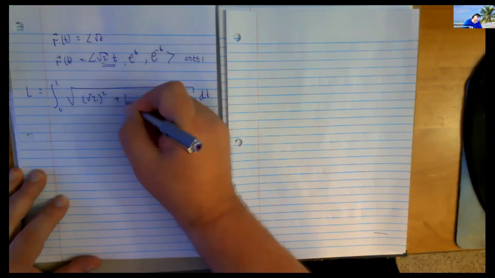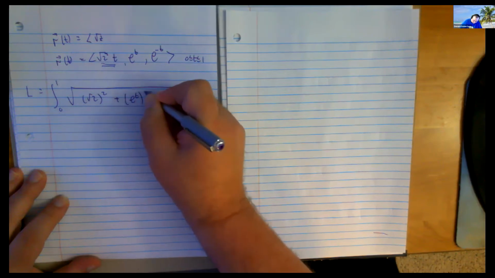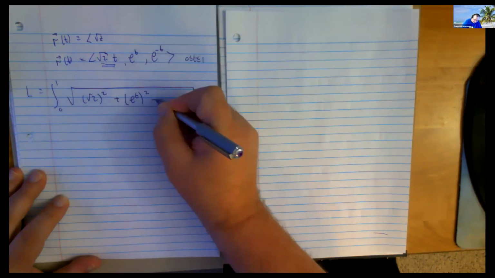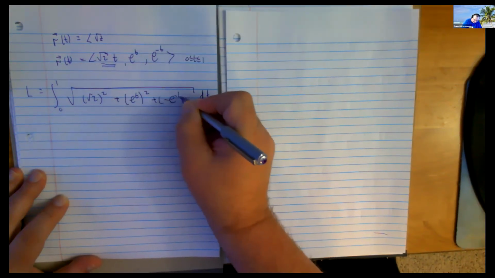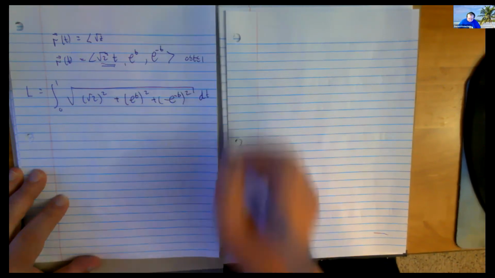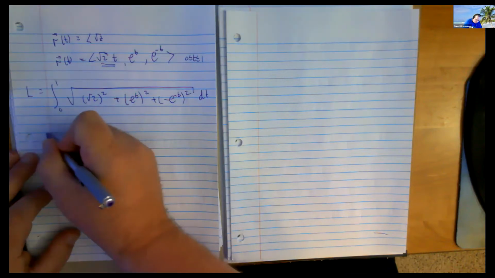Okay, I can live with that. If you differentiate this guy, you get e to the t, then you square it. And if you do this guy, you get negative e to the negative t, and then you square it. So far, so good. It's going to be the integral from 0 to 1.